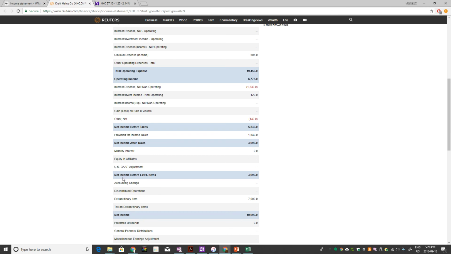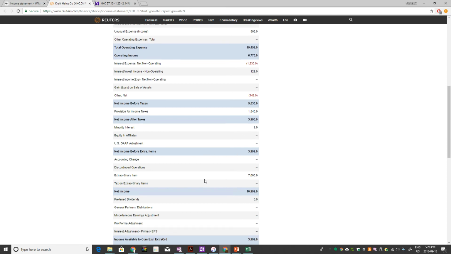So with the net income, it doesn't make much difference because this is a very small amount. Then they have something called extraordinary items. This is a not frequent item, and they are getting a lot from here. I'm actually a little suspicious how a company can generate 7 billion from extraordinary items.